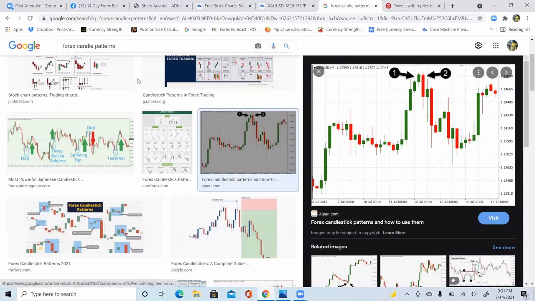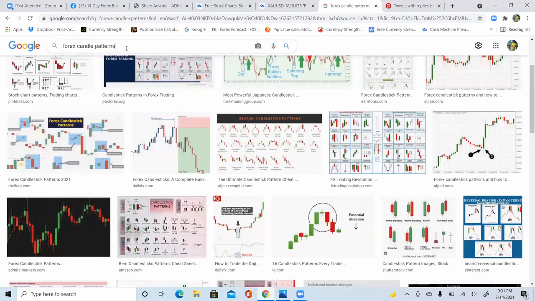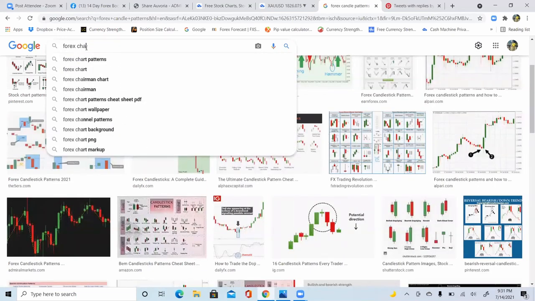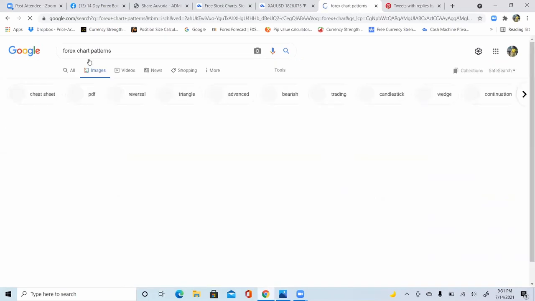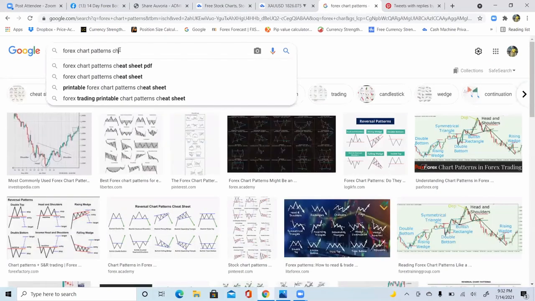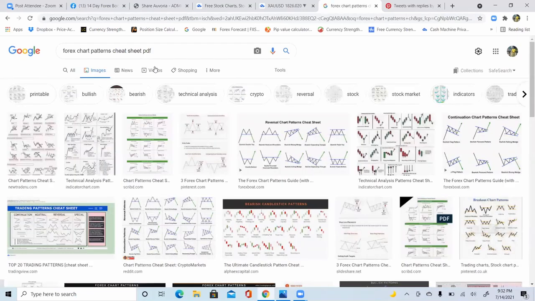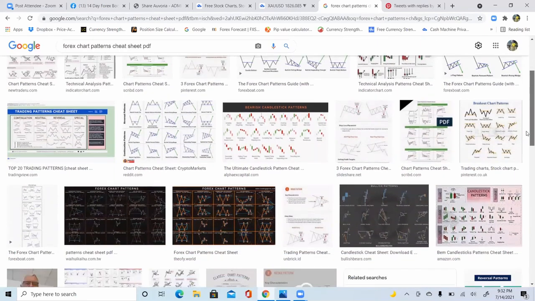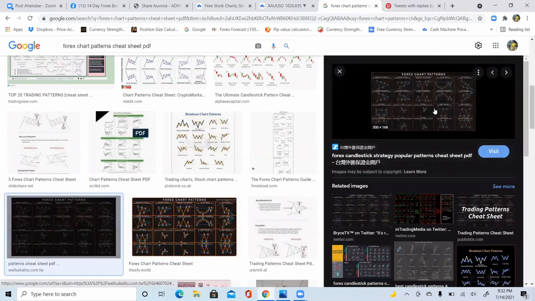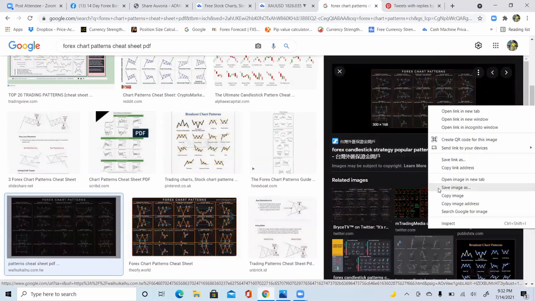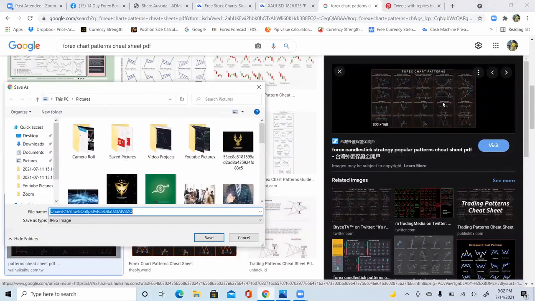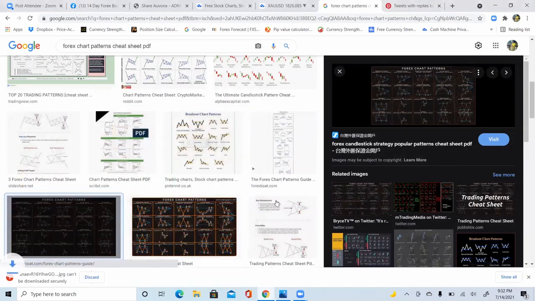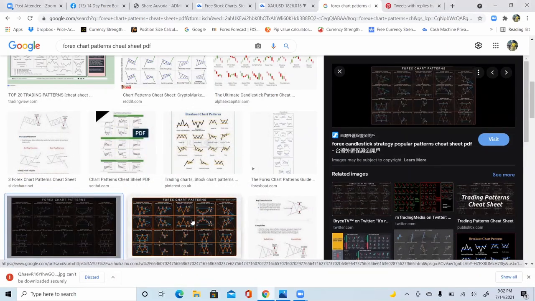So let's go to the second part of everything. Let's do that cheat sheet actually. Where's the one I like to use? Here we go. Save image. Here's a cleaner one.